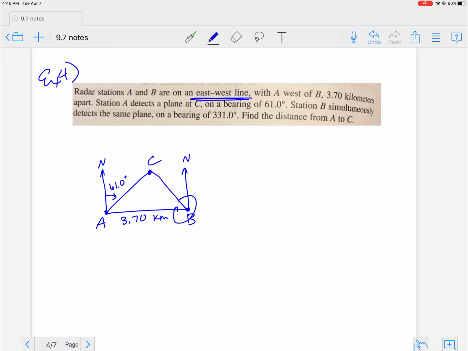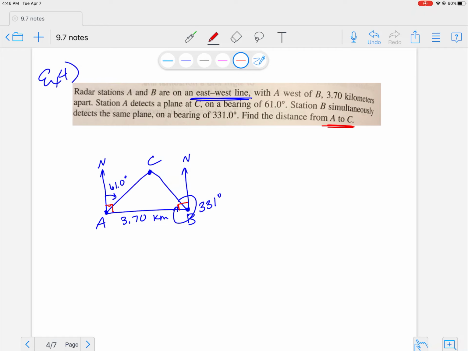So if I'm going to go 331, that's going to send me all the way back around here. So from here up to here, this is 331 degrees. Do you see where I'm getting at? So a bearing is always from north, and you're always going in that clockwise direction.